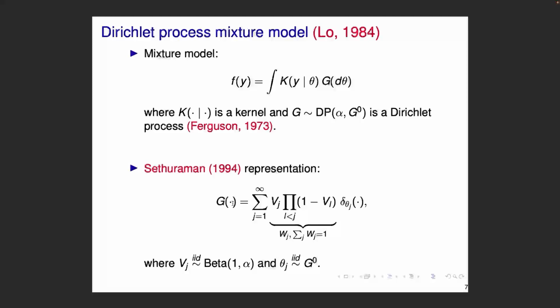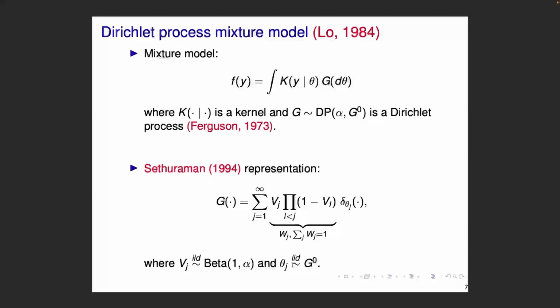In this representation, the DP can be written as a random discrete probability measure, where we have these weights that, of course, have to add to 1, but they are defined through this stick-breaking transformation that depends on these beta random variables, IID Beta(1, alpha), with alpha the precision parameter, and the atoms are also IID G sub 0.